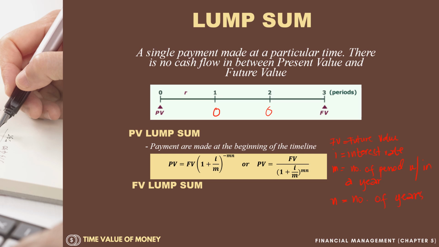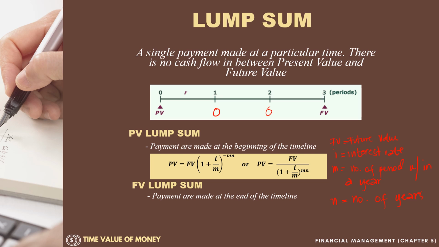Okay. Now let's go to the future value lump sum. Now in the future value lump sum, payments are made at the end of the timeline. So this is the value of a current asset at a future date based on an assumed growth rate. Now the growth rate here again is also known as the interest rate. This is used by investors to estimate the value of investment in the future.